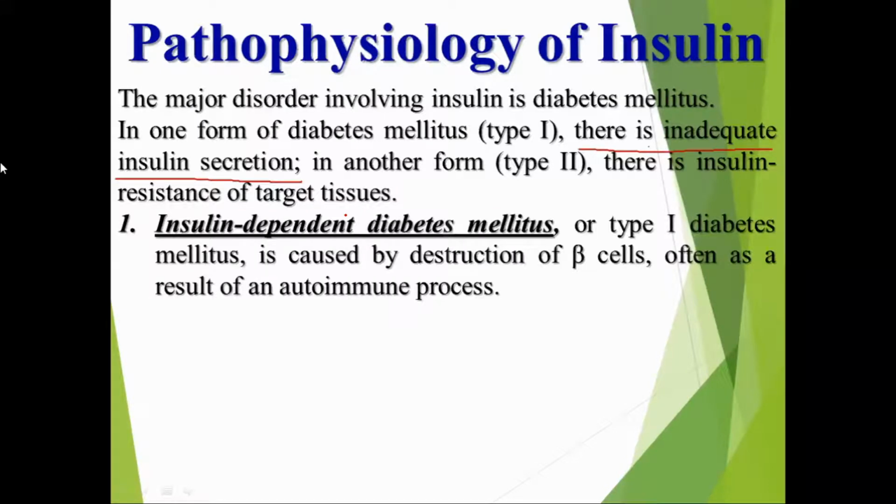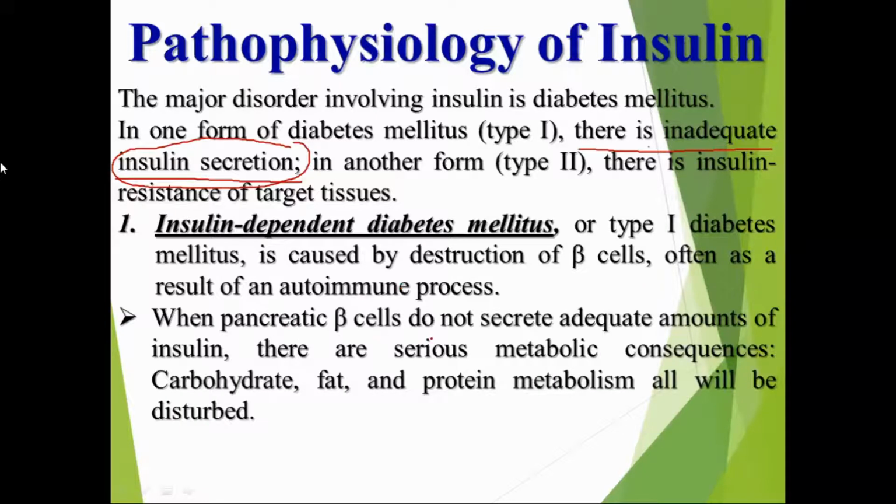Insulin-dependent diabetes mellitus, or type 1, is caused by destruction of beta cells, and that's why there is a problem with insulin secretion in this type, often as a result of an autoimmune process.